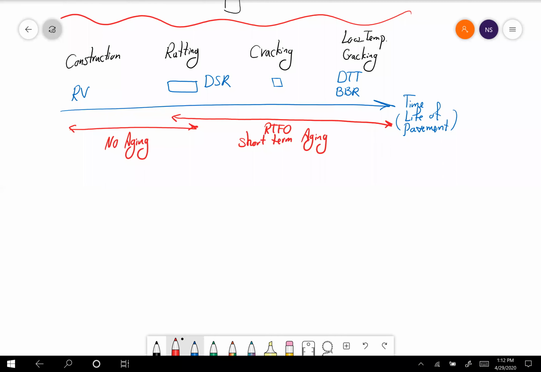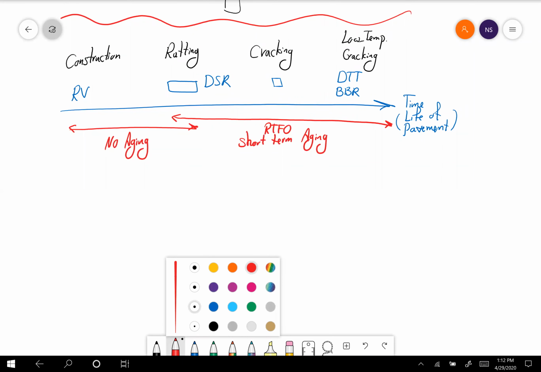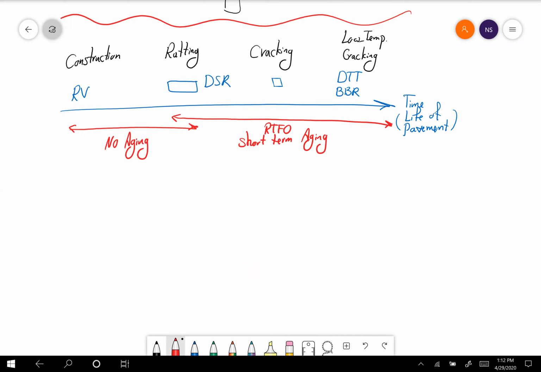And then for longer periods like these ones, you use the PAV or pressure aging vessel for simulating the long-term aging.